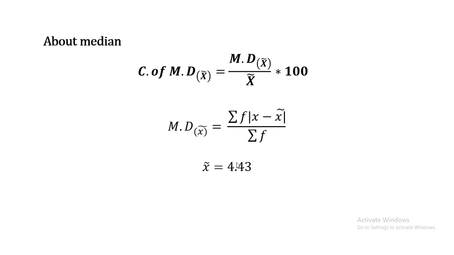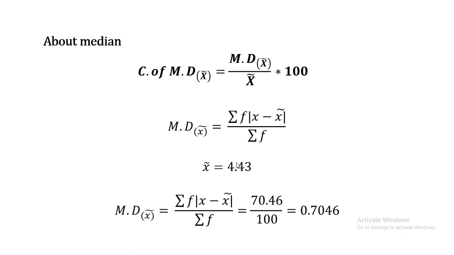Now the median value is calculated as 4.43. Since it is a group frequency distribution, we'll use the group distribution formula to find the value, and after using that formula you can go through the calculation and verify it yourself.